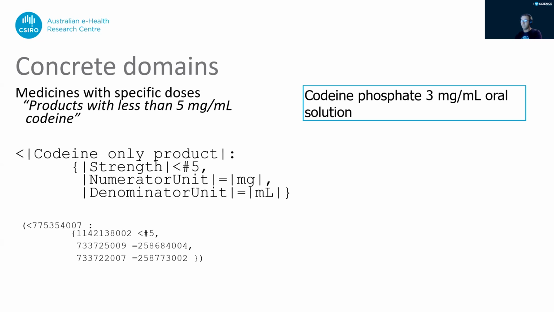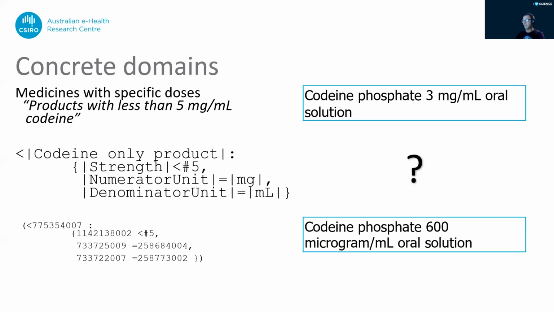You can also do the less than, but this is where it gets a bit messy. You've really got to understand the concept model and be aware that things are not necessarily always as consistent as you might expect. So here I'm looking for products with less than 5 milligrams per mil of codeine. I've got 3 milligrams per mil, which is correct, it's less than 5 milligrams.